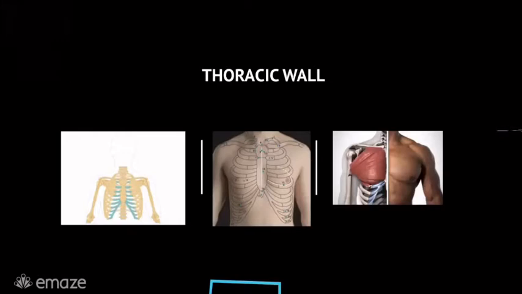The first 7 true ribs articulate with the sternum anteriorly. Ribs 8 to 10 have a cartilaginous extension to communicate with the sternum, while floating ribs 11 and 12 do not communicate with the sternum, forming the bony framework of the thoracic wall.